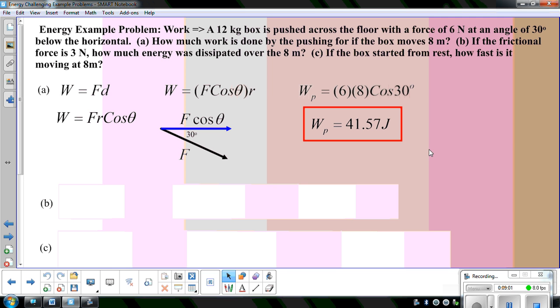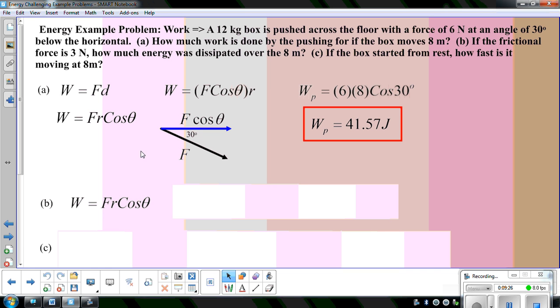The rest of it really is pretty straightforward. So part B, if the frictional force is 3 newtons, how much energy is dissipated? Well, now, if you look at that equation again, F r cosine theta, now we're not at an angle. That 3 newton force is acting horizontally only, which means cosine theta, it's an angle of 0.